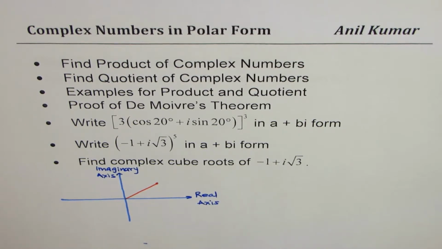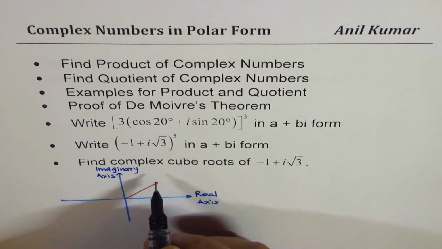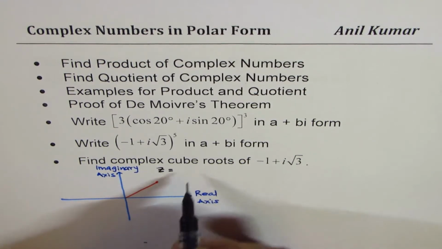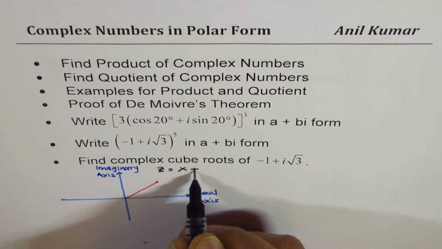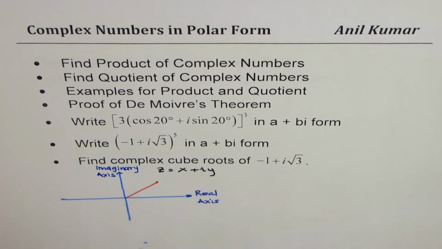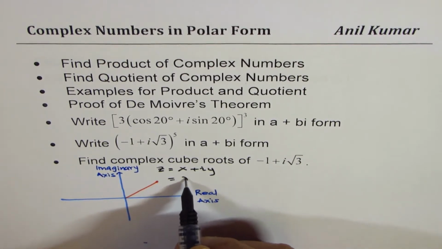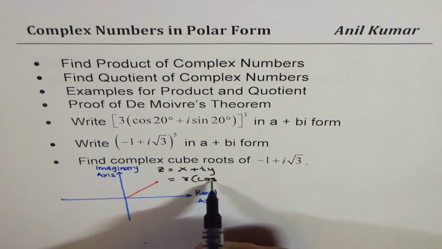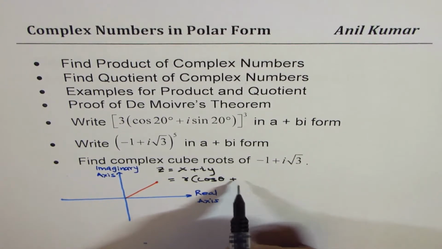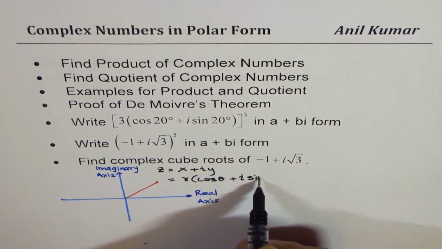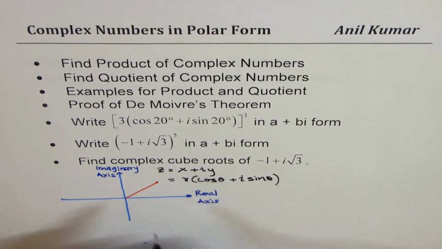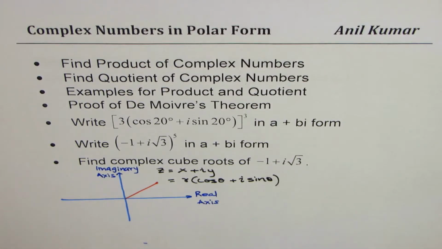For example, if I have a number here, z equals x plus iy, it could be written as r times cos theta plus i sine theta. So that is how they could be written in polar form, correct?